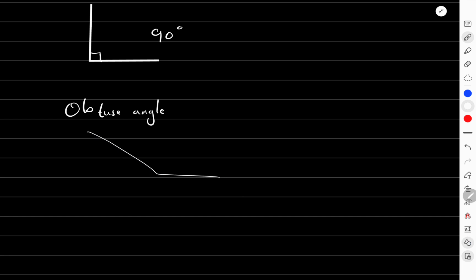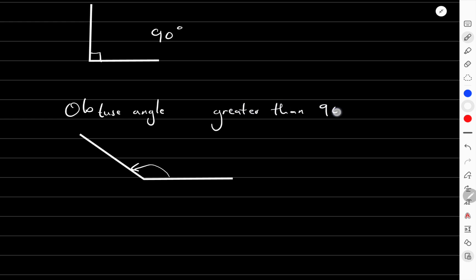So it is something of this caliber. It is greater than 90, but less than 180 degrees. So we have an angle like this one, which is greater than 90 degrees, but less than 180 degrees.